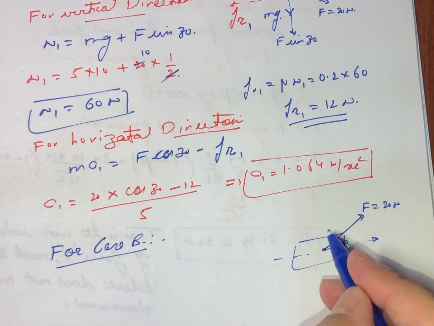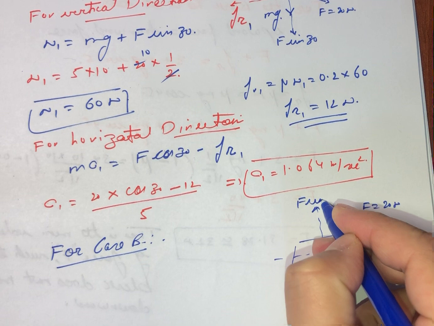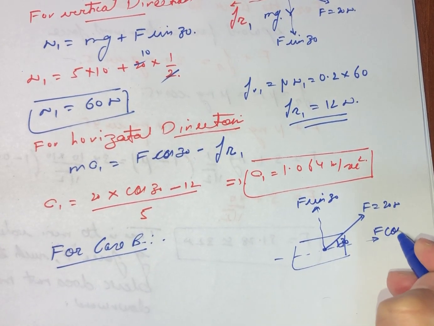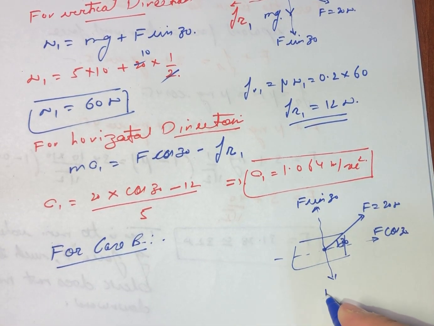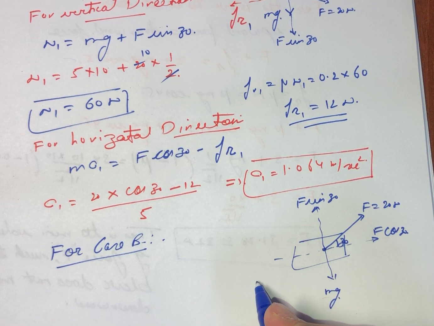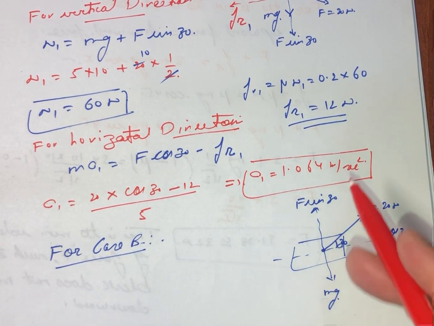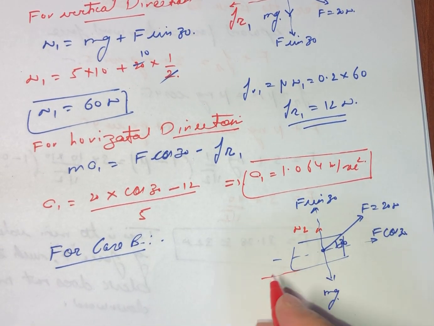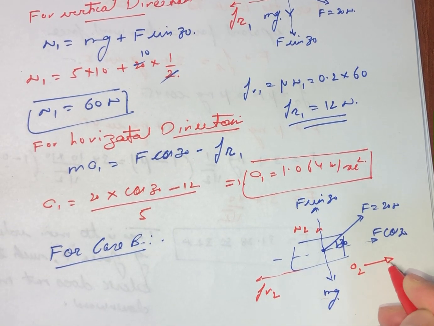So it can be divided into two components: F sine of 30 and F cos of 30. In the downward direction we have mg, and there will be the normal, let us suppose N2, and the frictional force, let us call it Fr2. We assume it is moving towards the right with acceleration a2.